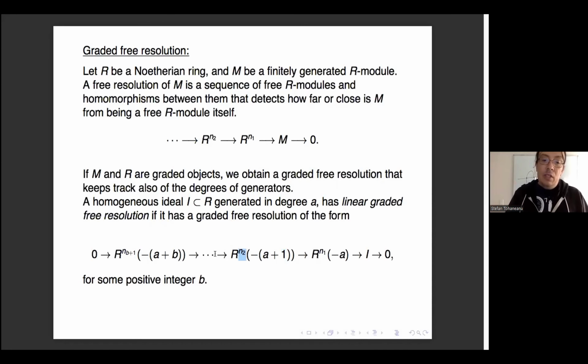Then the next one will be minus A plus 2, and 2 minus 1 is 1. So again we have relations among those relations with linear coefficients, and so forth.